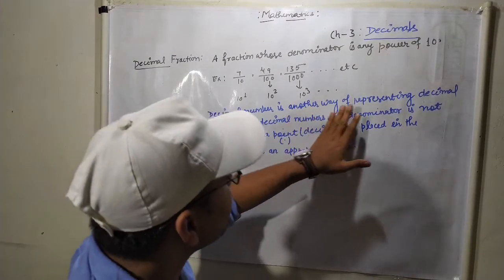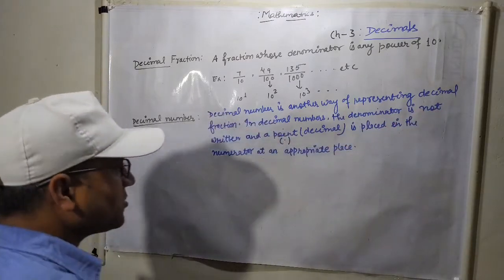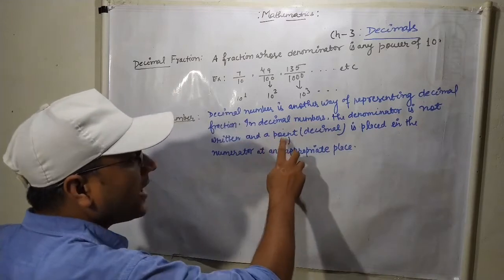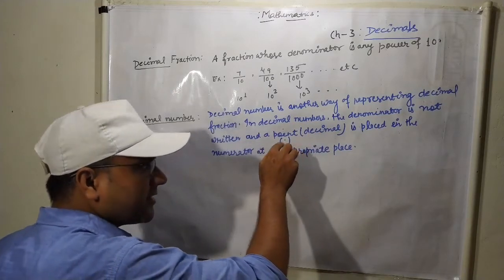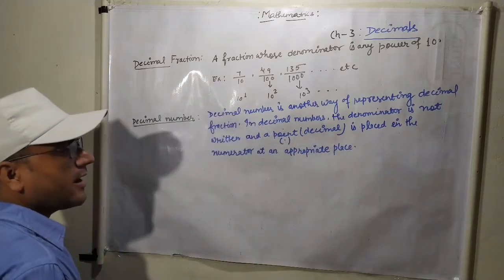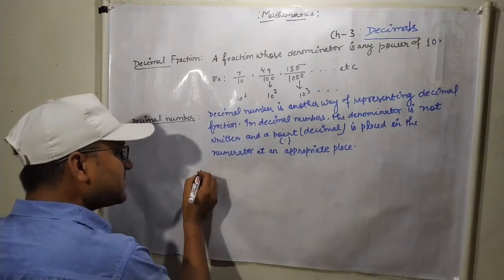A decimal number is another way of representing a decimal fraction. In decimal numbers, the denominator is not written and a decimal point is placed in the numerator at an appropriate place. See with an example.